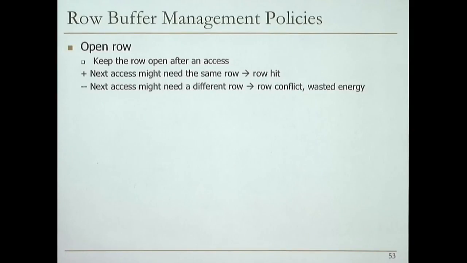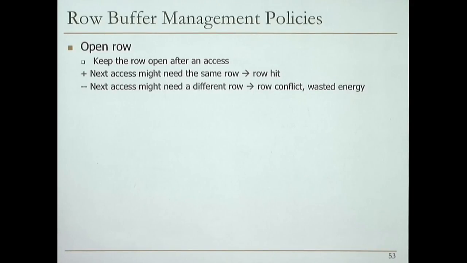So this is good. If the next access needs the same row, then you'll get a row hit. But if the next access needs a different row, then you'll get a row conflict. And if you have no other access to schedule to the same row, you get a row conflict and you get wasted energy, as opposed to if you had closed the row, meaning pre-charged the bank, then you would have made the next access quicker.